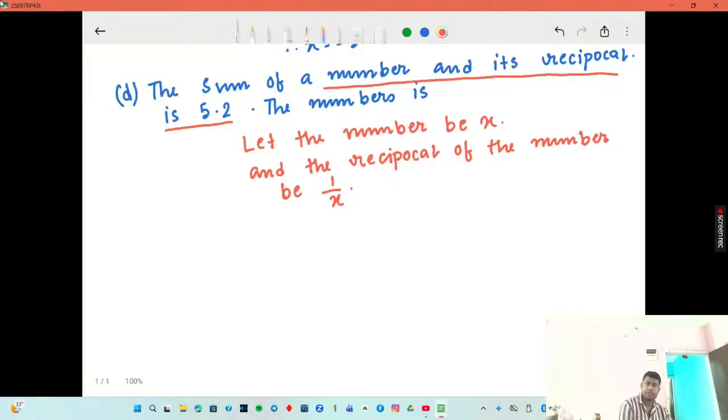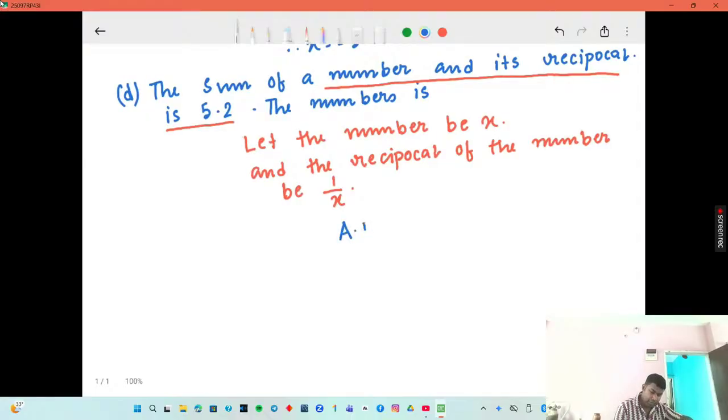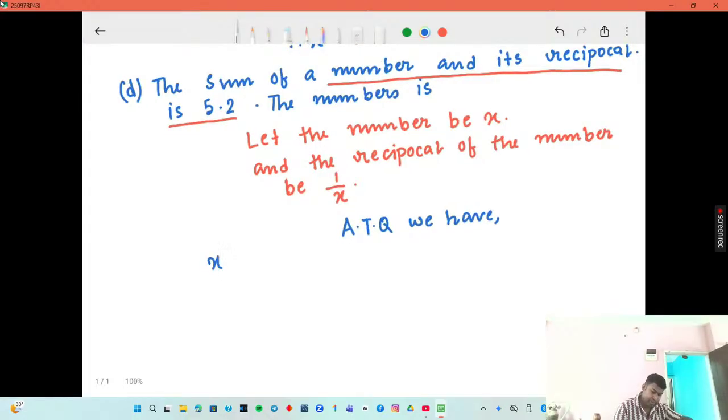So now what we have to find, here the condition is given as x. According to the question we have x plus 1 by x is equal to 5.2.